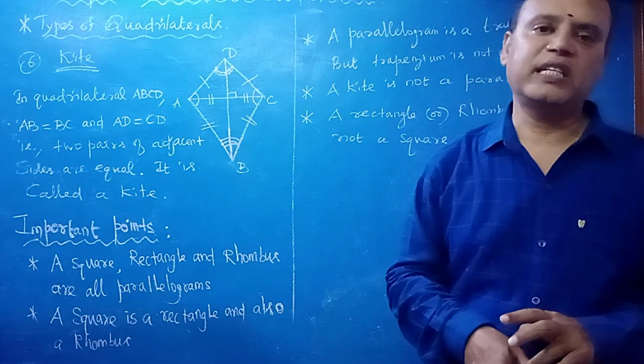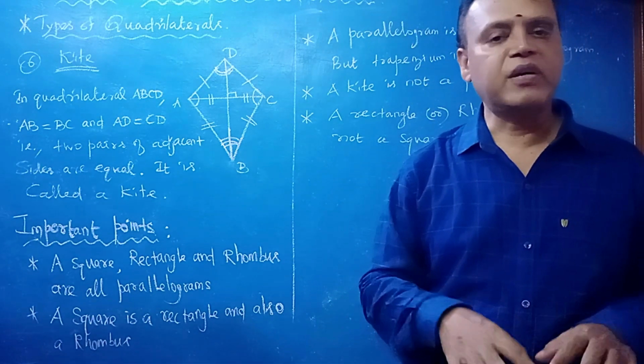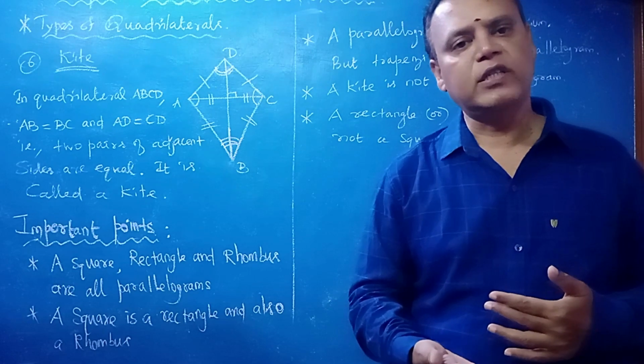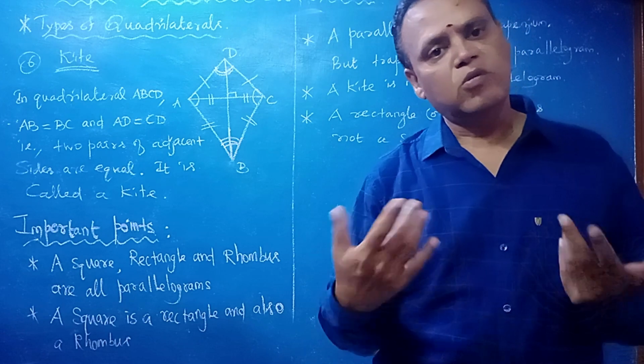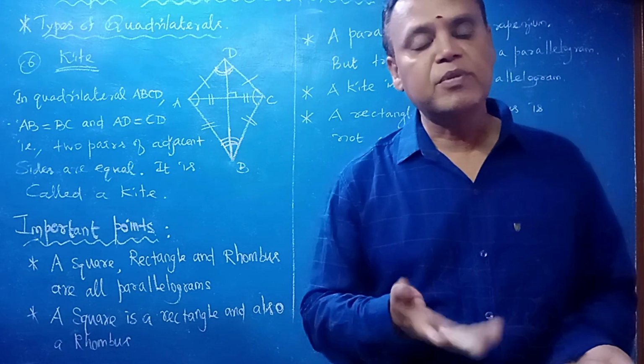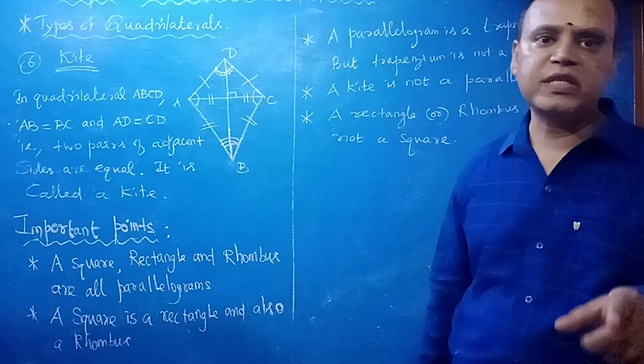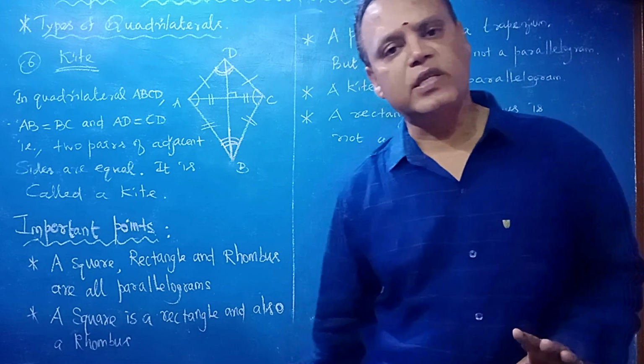That's why it is a parallelogram. A trapezium needs only one pair, so every parallelogram is a trapezium, but a trapezium is not a parallelogram. Clear? Because a trapezium has only one pair of opposite sides parallel.